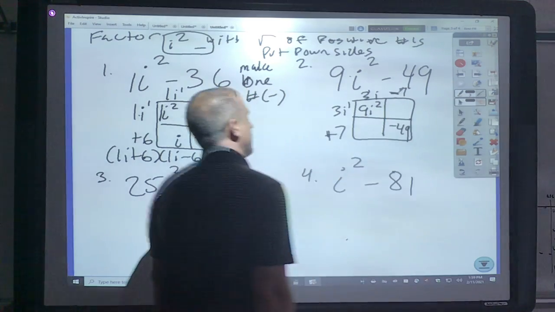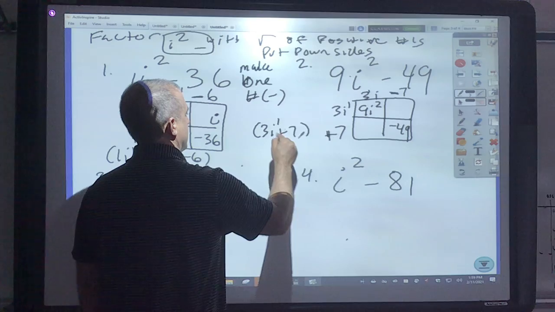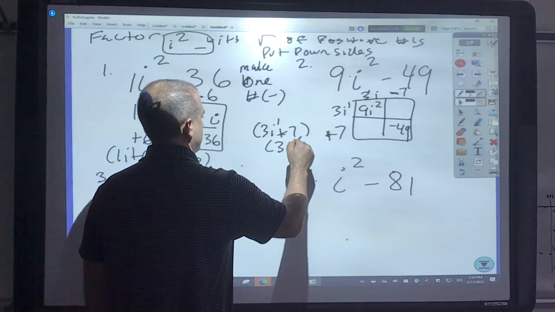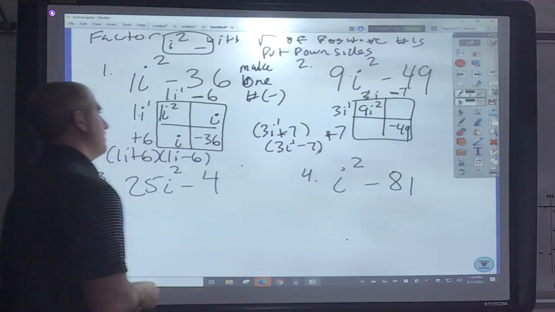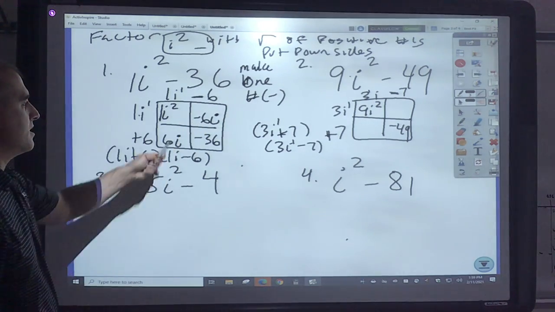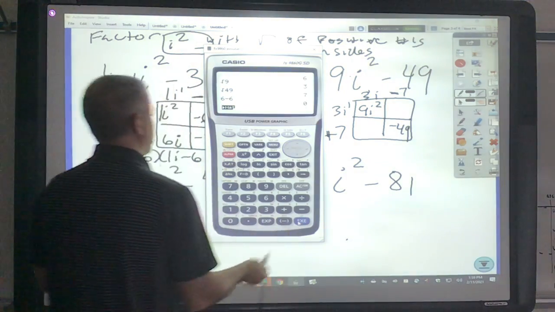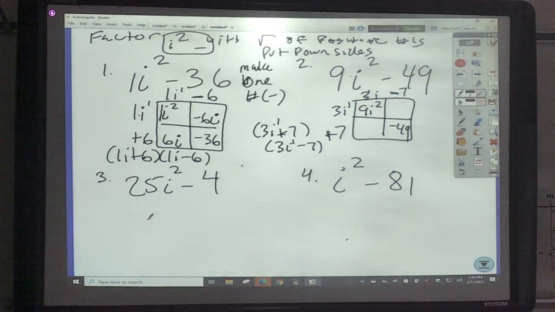So I just got to make that one negative. So 3I to the first plus 7 times 3I to the first minus 7. Now, the reason why you don't have anything in the middle is if I did 6 minus 6, I get 0. So that's why they don't have that term.